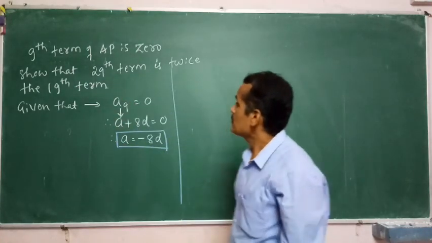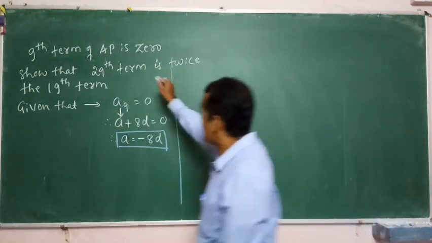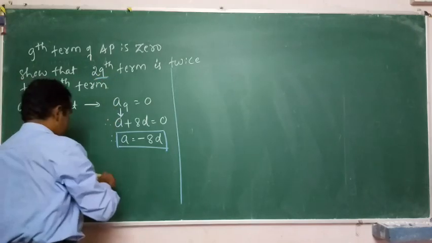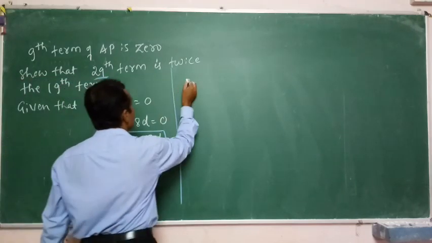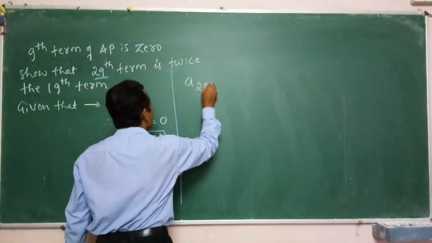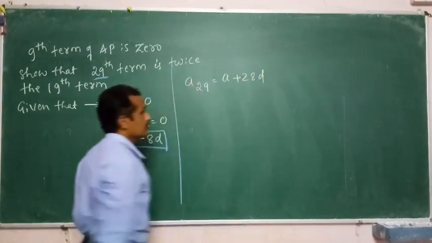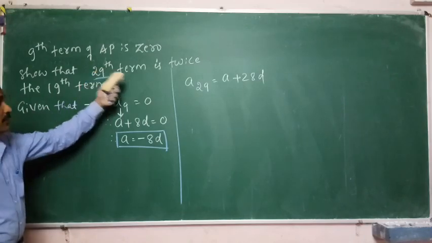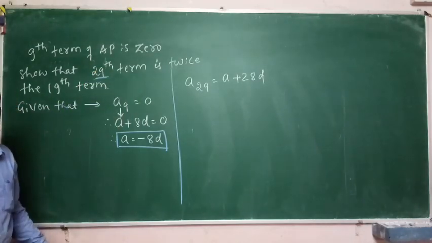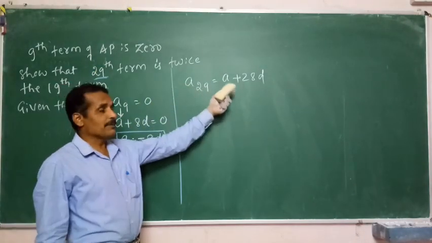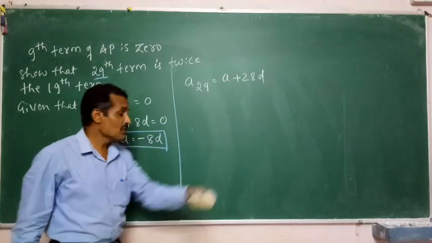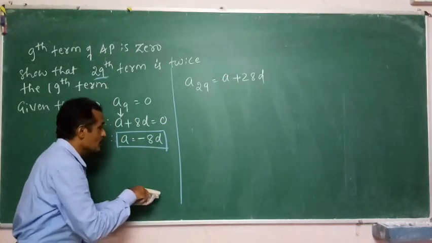Now I will start. Let me find what is 29th term. A29 is equal to A plus 28D. Let me find the value of A29. A29 is equal to A plus 28D, my dear children. Value of A is known to you.